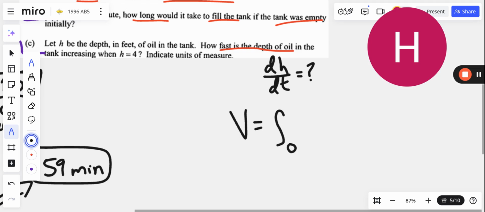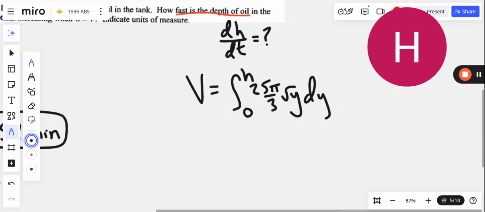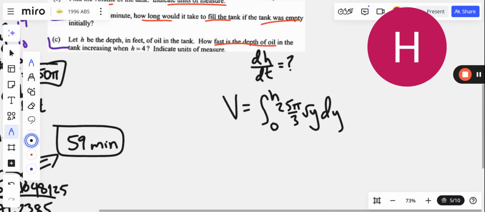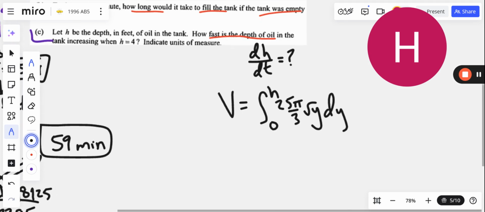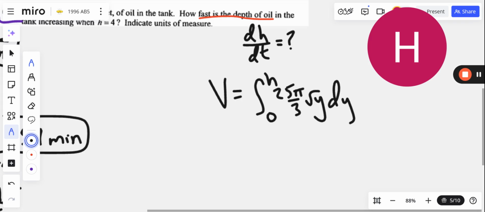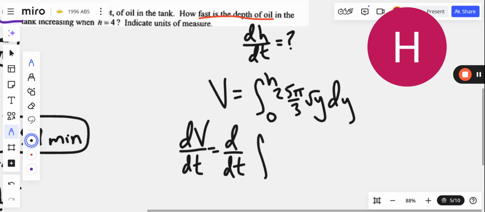Integral from 0 to h of, what was this, 25 pi over 3 square root of y dy. We want to find out how fast the height is actually changing. We're going to need to take a derivative with respect to t. So we're going to take a derivative of this integral.